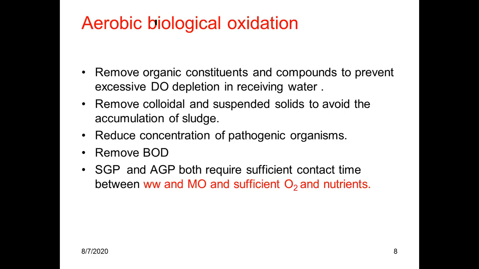All the microorganisms have consumed the organic matter. Then it will reduce the dissolved oxygen depletion. So here the main purpose is to remove organic constituents, then remove colloidal and suspended solids to avoid accumulation of sludge. These are the objectives of aerobic biological oxidation.